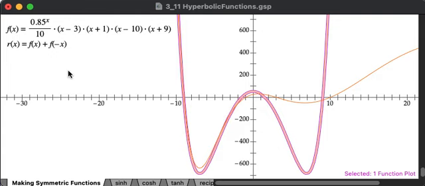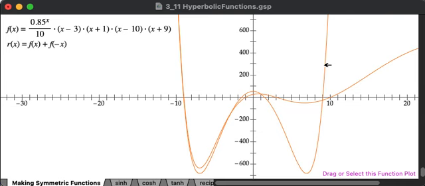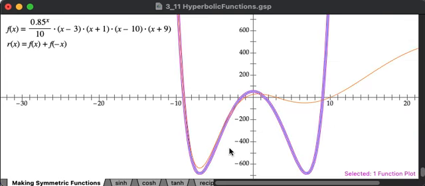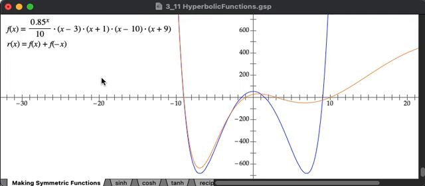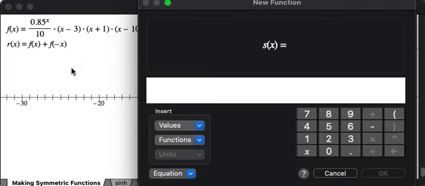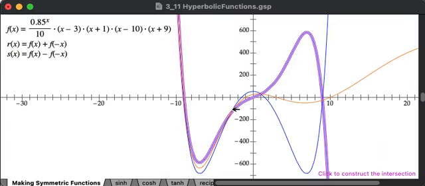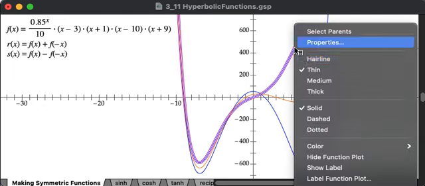And then I'm also going to create another function, I'll call it s of x, that is going to be f of x minus f of negative x. And so this becomes an odd function.